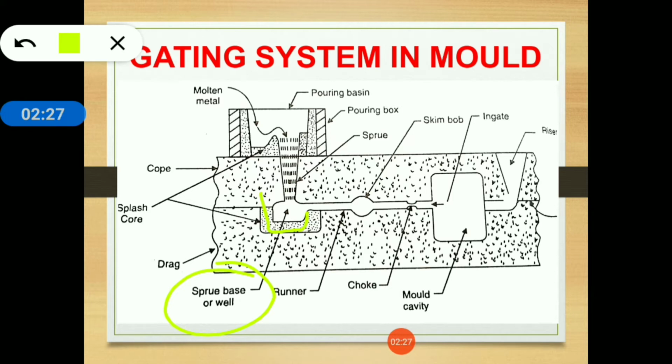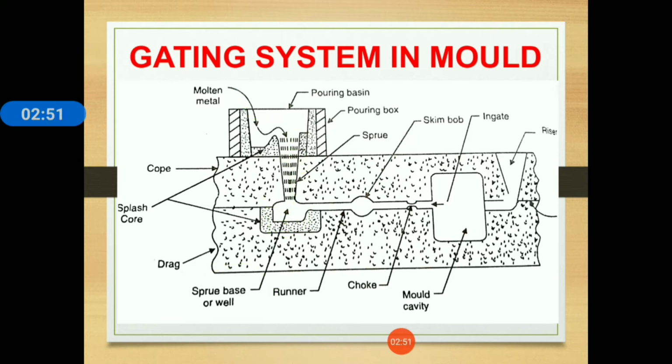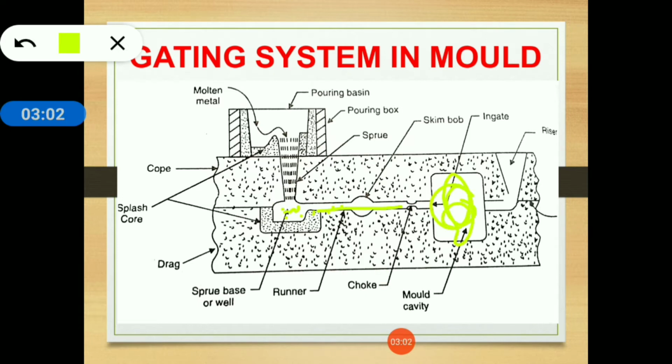and it is made from a harder material like a core. Why is it made from this? Because once you pour the molten metal, it slowly enters over here, but it directly impinges on this base of the sprue. If so, the sand particles will be destroyed, and the sand particles will mix with the pure metal and reach the cavity, and then a casting defect may be produced.